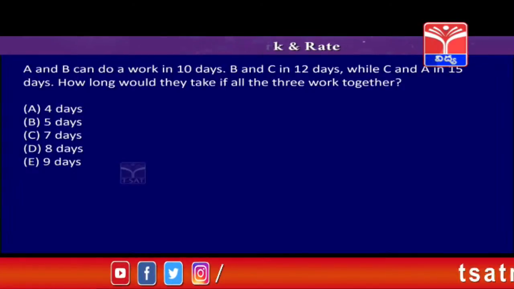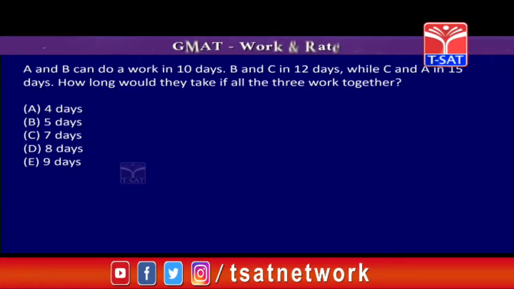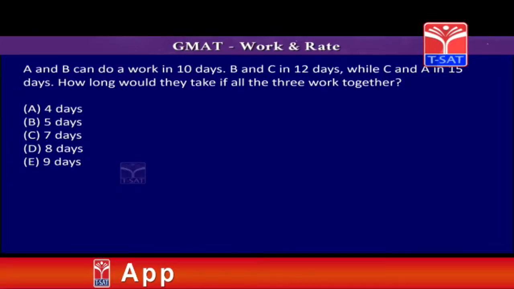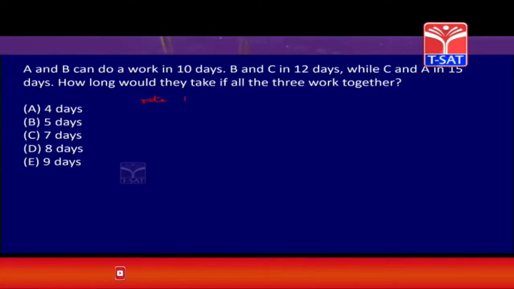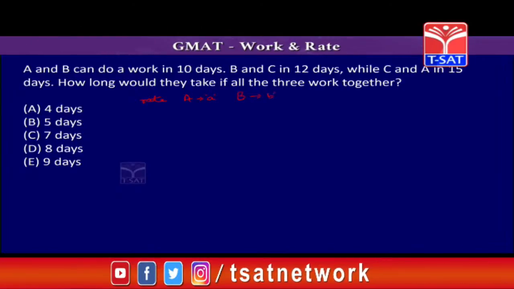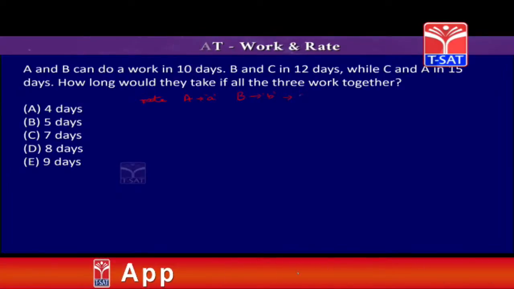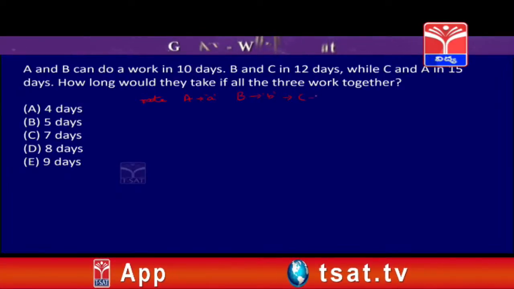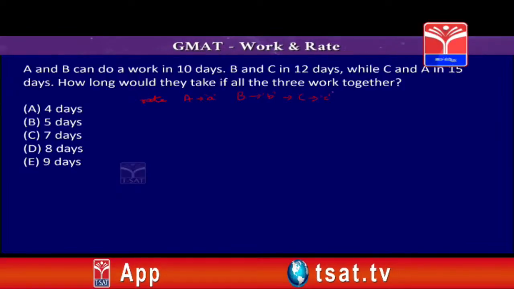A and B can do a work in 10 days, B and C in 12 days, while C and A in 15 days. How long would they take if all the three work together? So let's say the rate at which A works is small a units per day, the rate at which B works is small b units per day, and the rate at which C works is small c units per day.